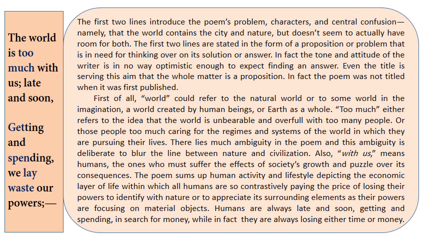They are questioning what the consequences of such a life are. The poem sums up human activity and lifestyle, discussing the economic layer of life within which all humans are paying the price of losing their powers.